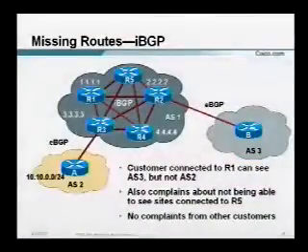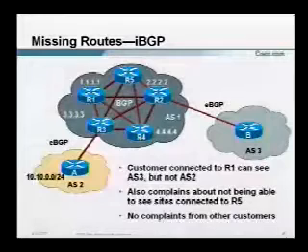In this case here, the customer is connected to R1. Okay, customer connected to R1 up here. He can see AS3, but he can't see AS2. He also complains about not being able to see sites connected to R5. So you can see bits of your backbone, most of your backbone, but not all of it.